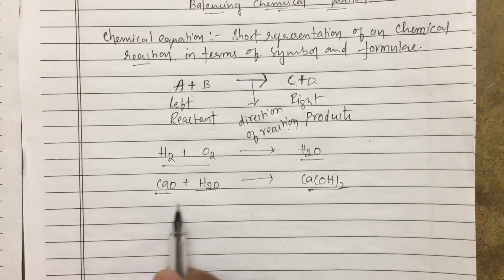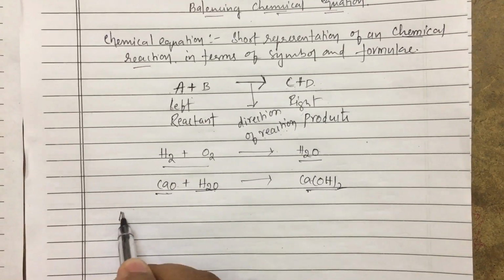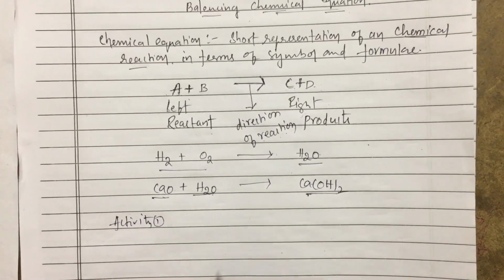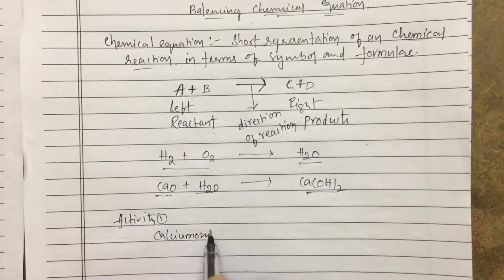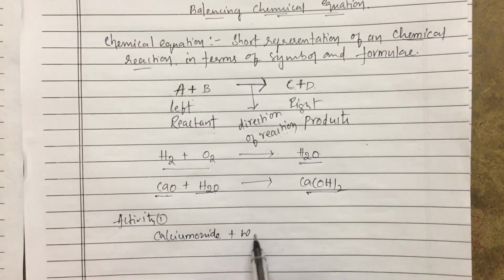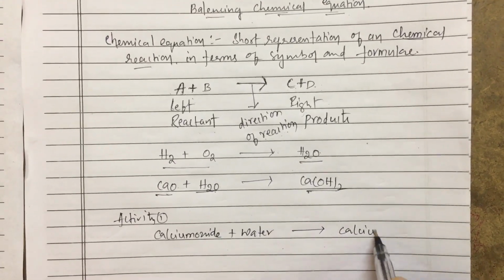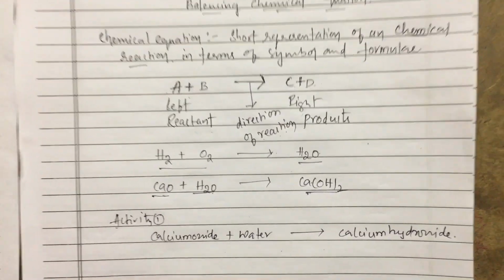You need to remember, for example, we studied in one of the activities that calcium oxide reacts with water and forms calcium hydroxide. We came across this in Activity 1.